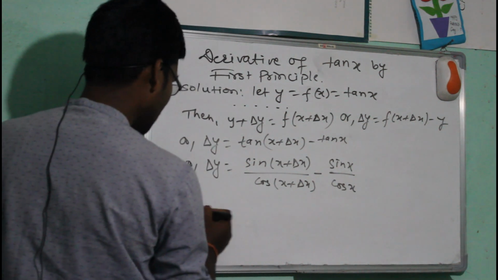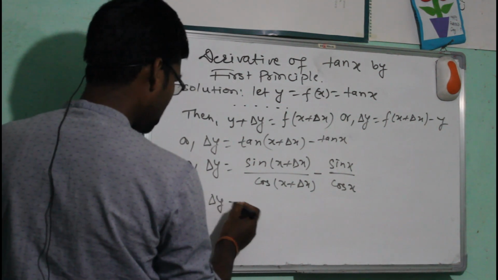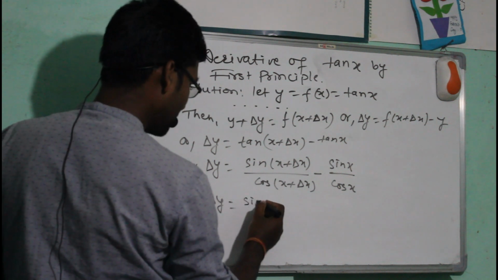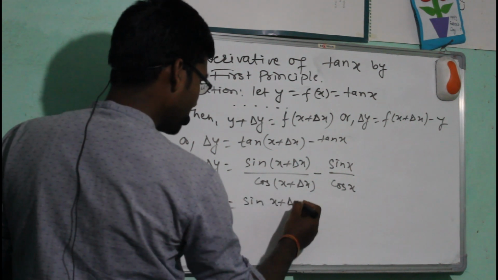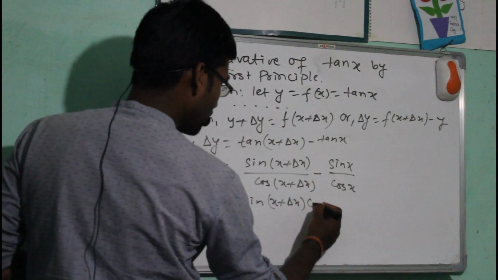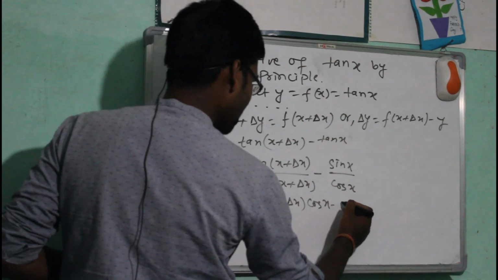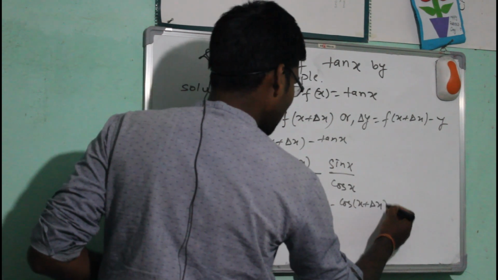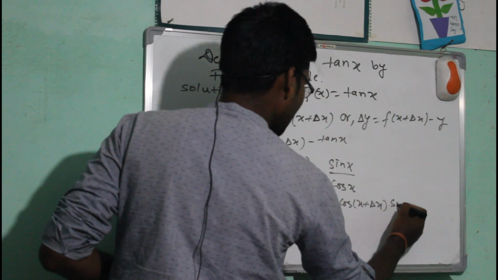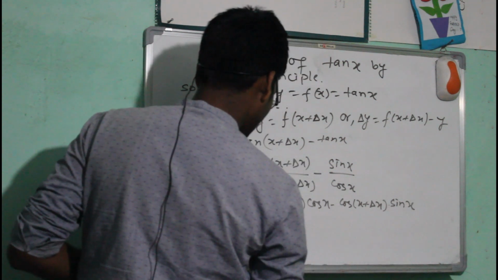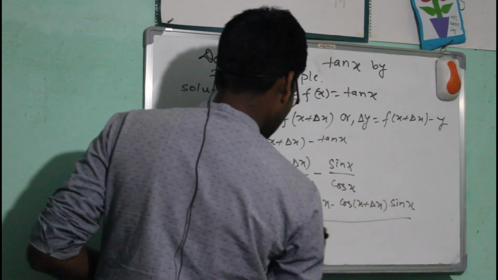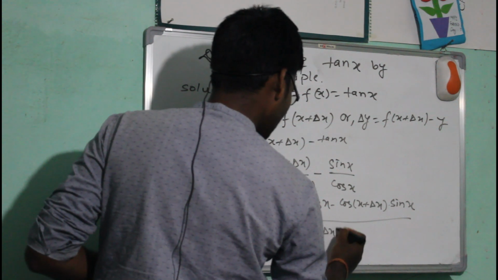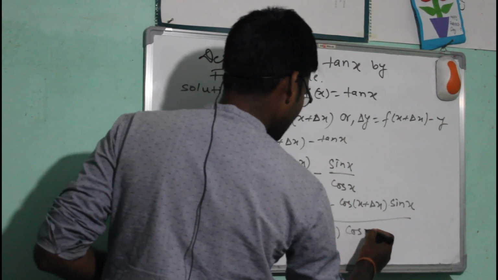Now after this, let's take LCM, so that delta y will be sine (x plus delta x) cos x minus cos (x plus delta x) times sine x by cos (x plus delta x) and cos x.